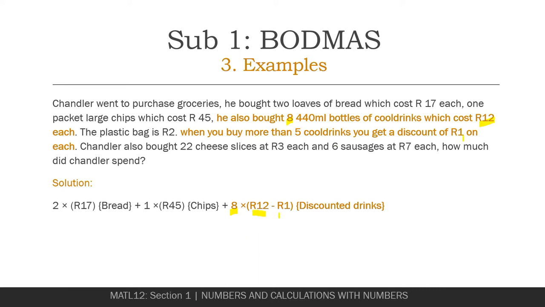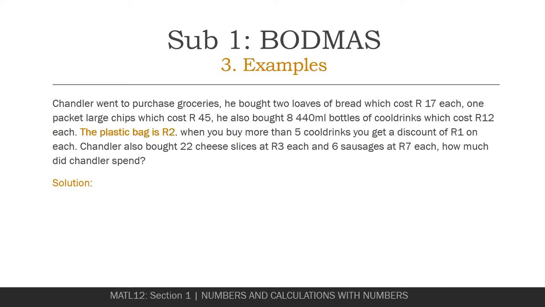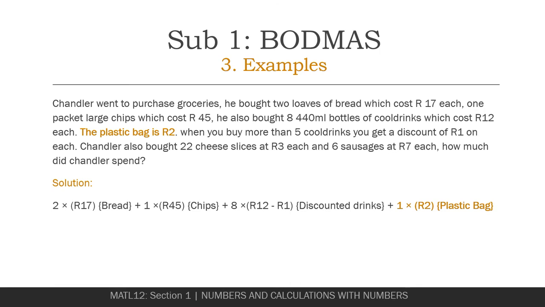So you're supposed to subtract the 1 Rand out of the 12 Rand. So essentially each cold drink will be costing 11 Rand. But I wanted to show you the step as to how you express a difference.